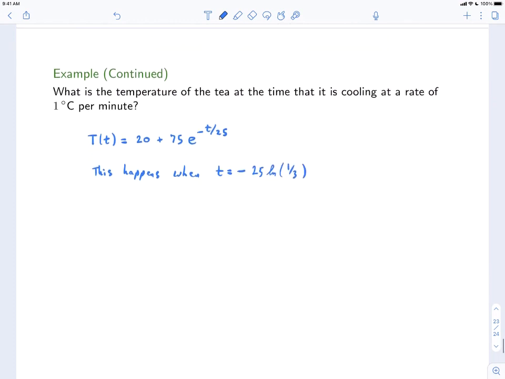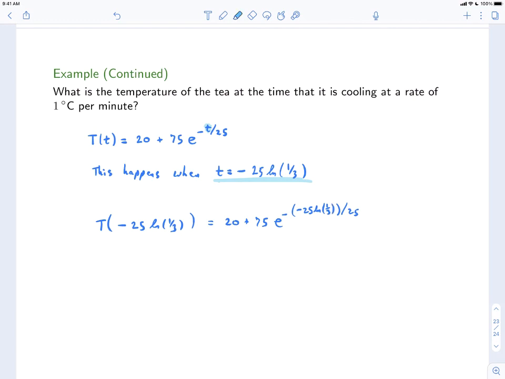Okay, so all we have to do is take this value of t right here, and just plug it in right there. So T at negative 25 ln 1/3 is equal to 20 plus 75 times e to the negative, and then we just plug in our value for t here, over 25. But our value for t is minus 25 times ln of 1/3.